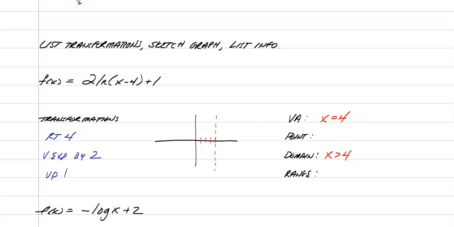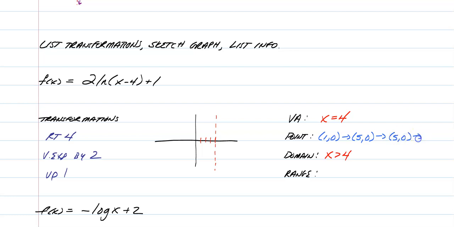Our point started out at (1, 0). We went to the right 4, so that became (5, 0). Then we vertically expanded by 2, which means we multiplied the y value by 2. 0 times 2 is still 0.